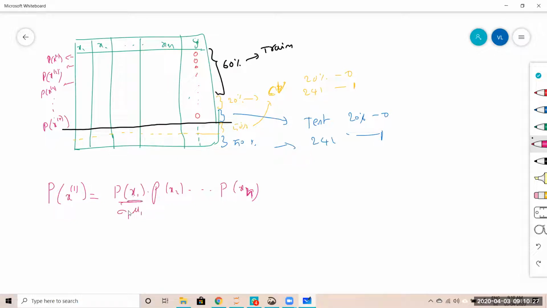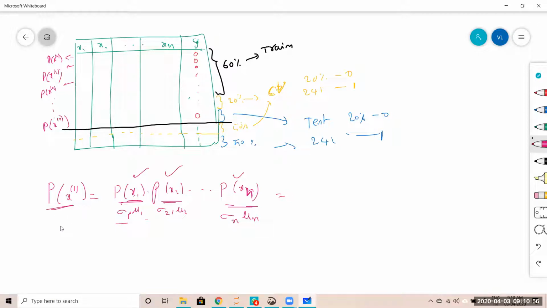To calculate probability, we need to calculate sigma 1 and mu 1. For the second column, sigma 2 and mu 2 to calculate the second probability. Like that, for every column, we need to calculate sigma n and mu n. Once after calculating these, we can calculate p of x1, p of x2, and so on, p of xn. And when you multiply, you will get the probability of the first record.